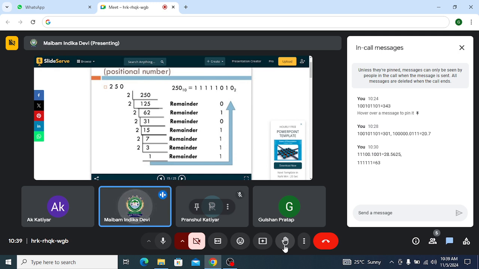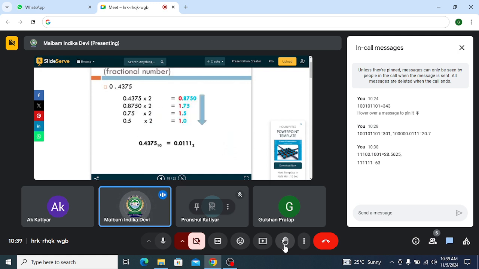If it is a fractional part, you will not divide it. Instead, you will multiply. So 0.4375 multiplied by 2, because we are going to convert this decimal number into base 2.